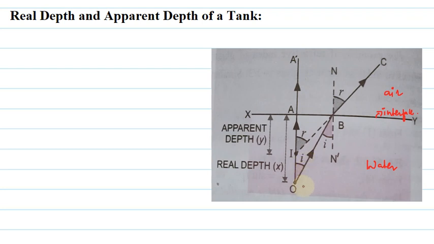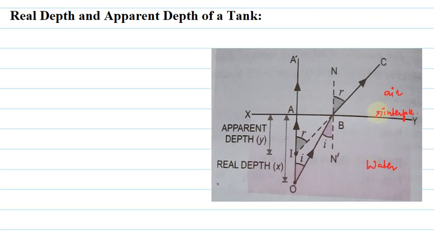Another ray of light from O incident at an angle i on interface XY along OB deviates away from the normal because light is traveling from water to air, that is, denser medium to rarer medium.